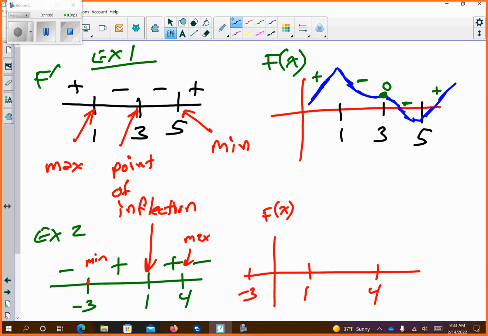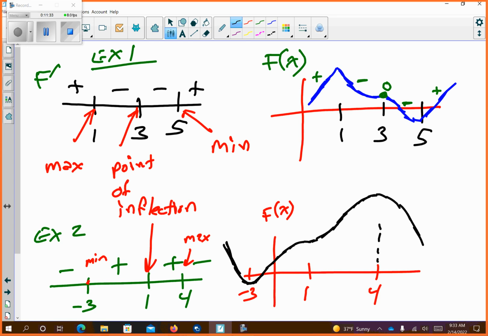So to the left of negative 3, it's coming down. Okay, and then it goes positive. And right there, it flattens out, and then it continues positive. And then we get to 4, and it's going to start coming back down.